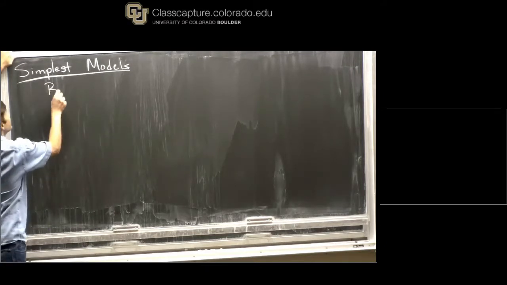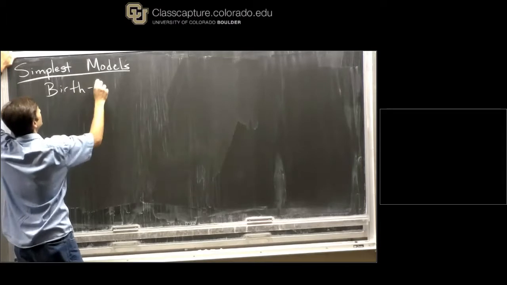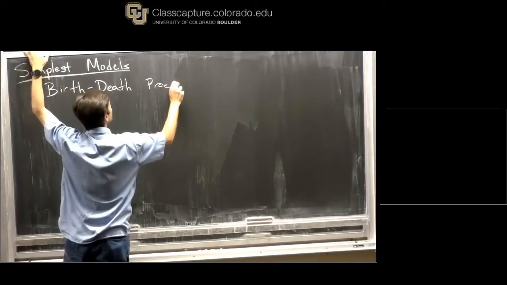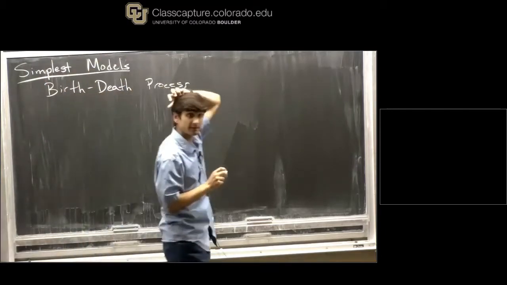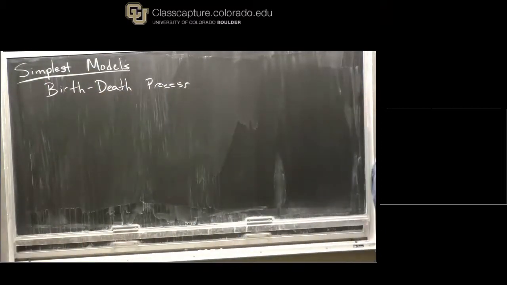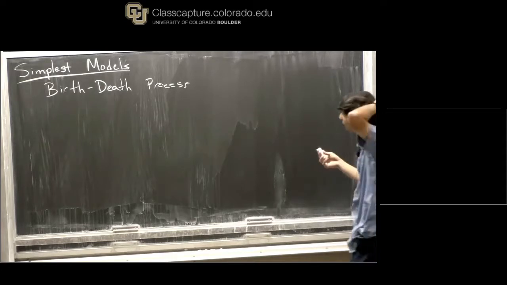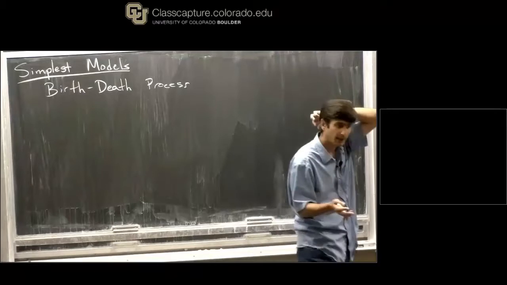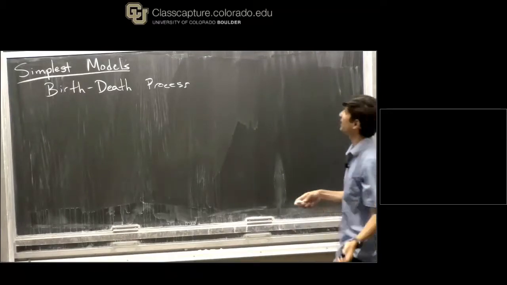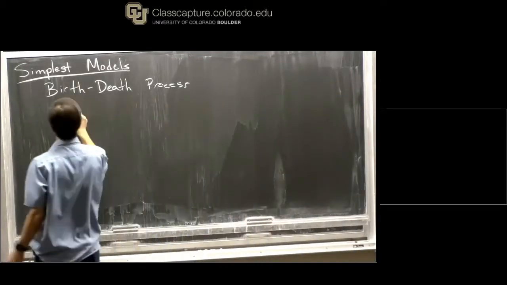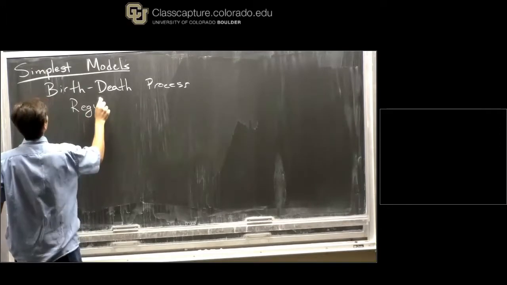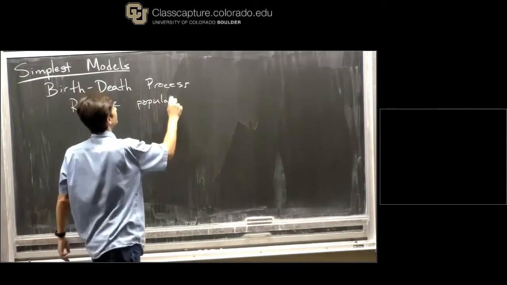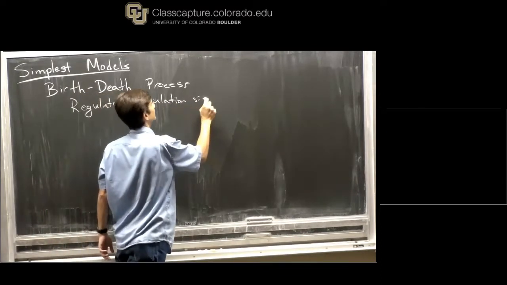The first thing is, we're talking about life and death, so we need some birth-death process, right? Some stochastic model of how individuals die and reproduce, okay? We'll talk about specific examples in a moment, but this birth-death process is going to have to regulate population size in some way, okay?